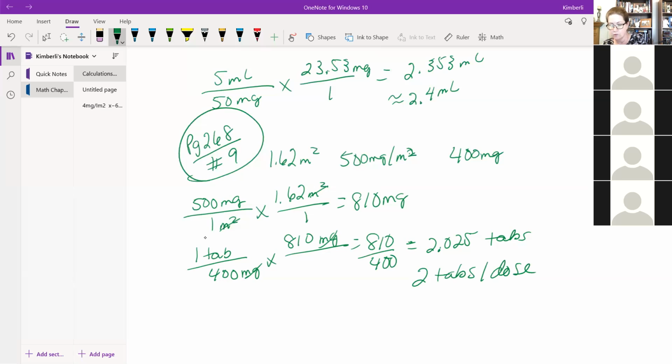This is every 4 hours or 5 times a day for 7 to 10 days. And it doesn't give me the milligrams per square meter because this isn't necessarily a drug that you would use that type of dosing for. Children younger than 12 years old would be 10 milligrams per kilogram every 8 hours for 7 days. So it's a good thing to know.